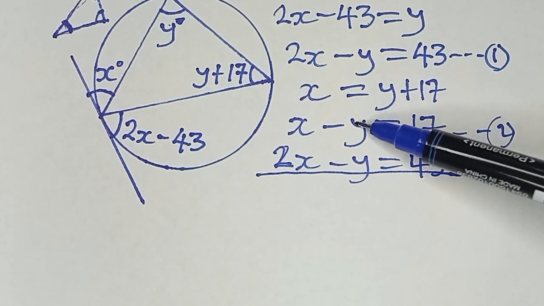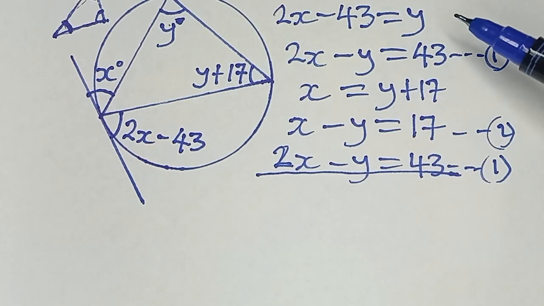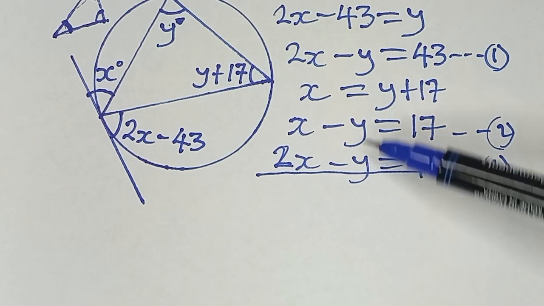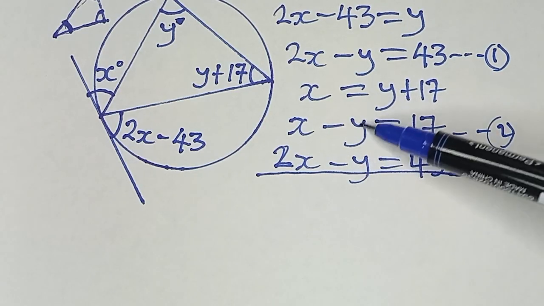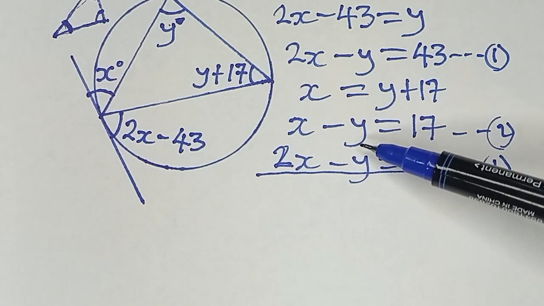So this minus this will give us 0. Don't forget, minus y minus y will become minus y plus y, and that will be 0. So y has been eliminated.